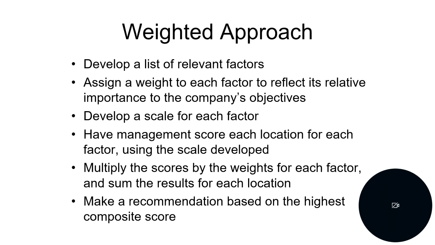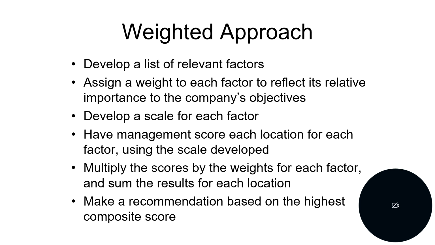Now we move into going over some of those, such as the weighted approach. This is a qualitative evaluation method. Relevant factors, maybe like quality of life or local taxes, are assigned a weight based on their importance. Each location is then scored on each of those factors, and the weighted scores are added together to find a final composite score.